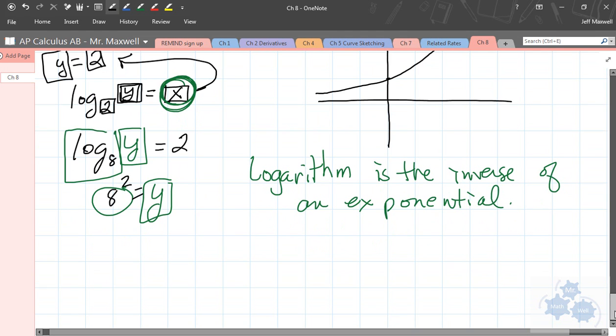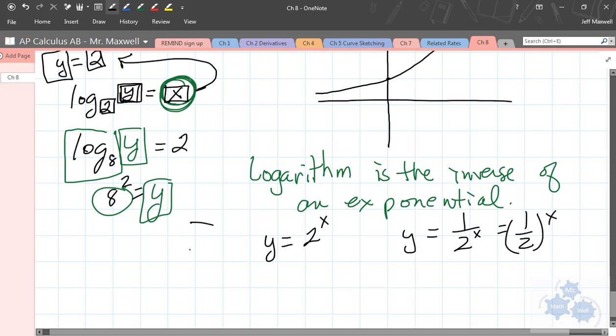Well, an inverse and a reciprocal aren't the same. So let's say we have y equals 2 to the power of x, and y equals 1 over 2 to the x. You're right, that is the same as 1/2 to the power of x. These are reciprocals. Okay? Reciprocals.